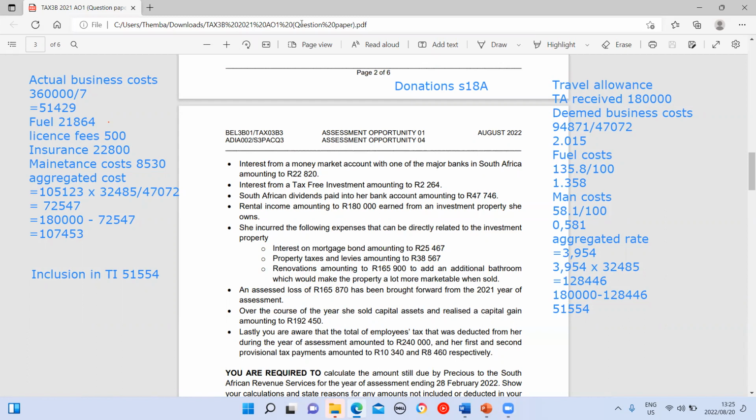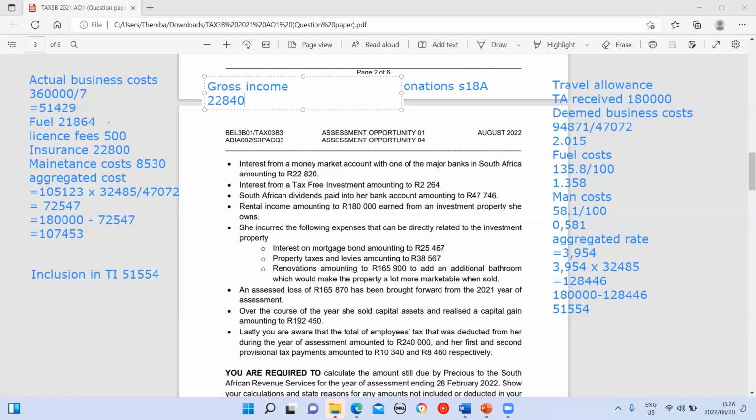So what I'll do is set up the gross income section again. You'll have the interest from the money market account, which is 22,840.